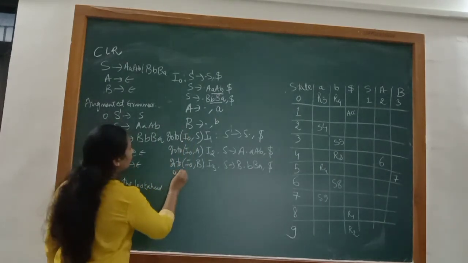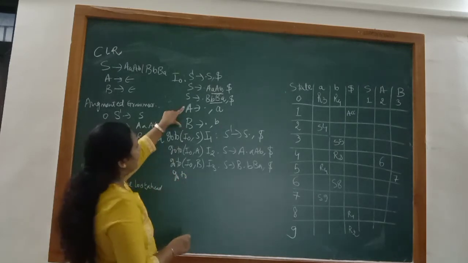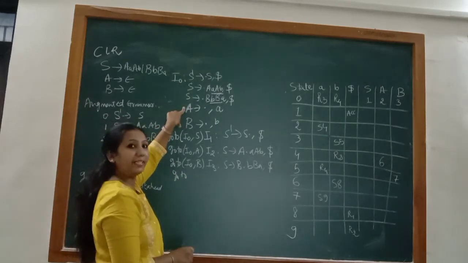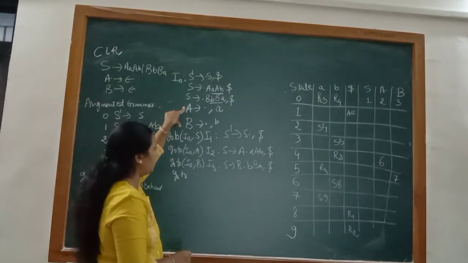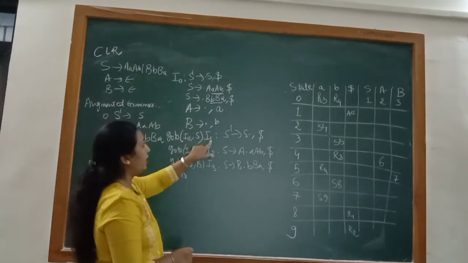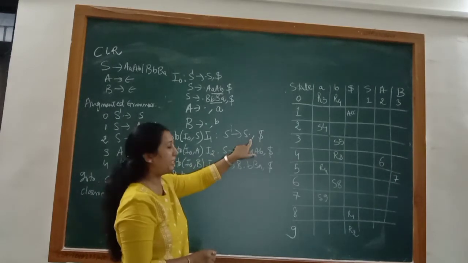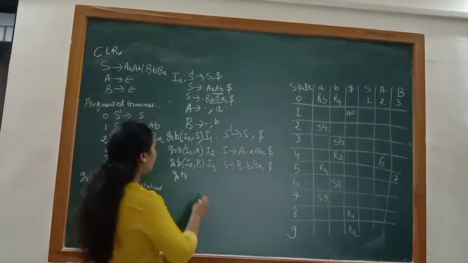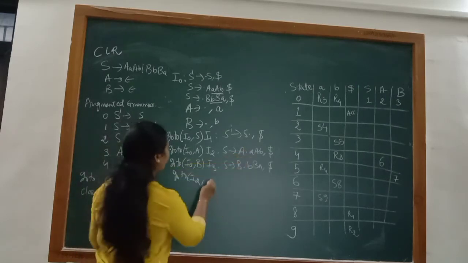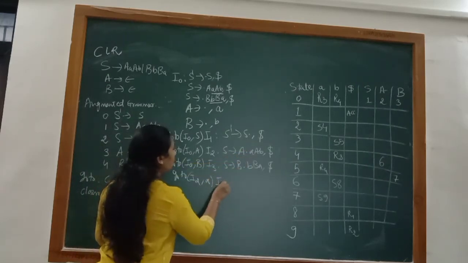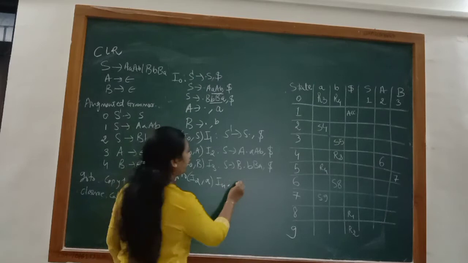Okay, now go to here, these two productions are already completed in I0, so there is nothing left in I0 still. Now we have to check in I1. In I1 the production is also completed, so now we have to check I2. So go to I2 small a. Again this is go to, so we have to only copy the look ahead.